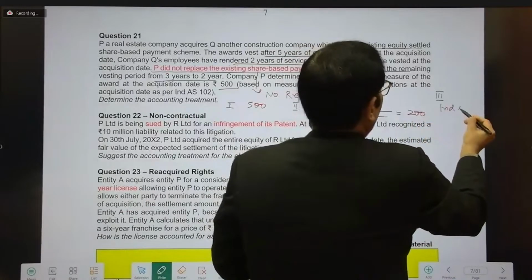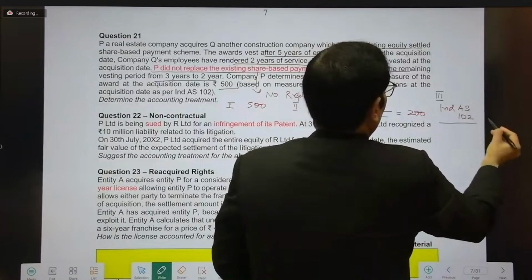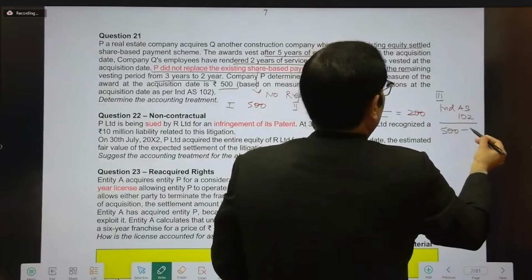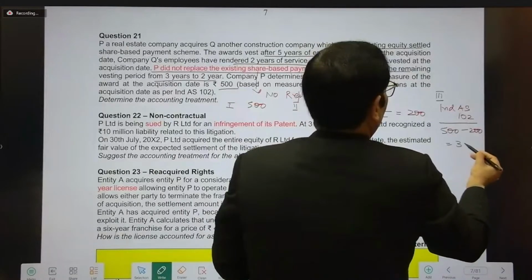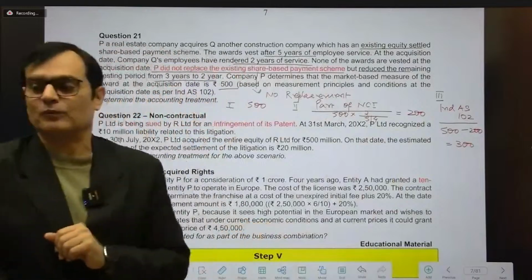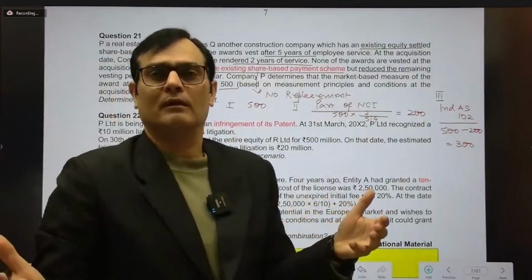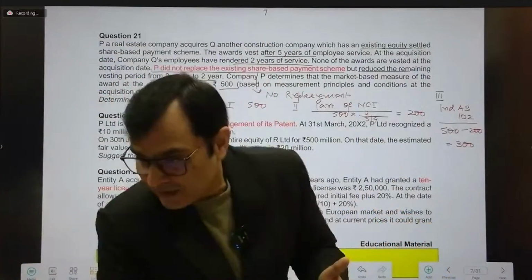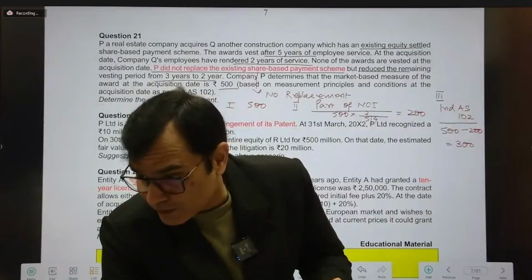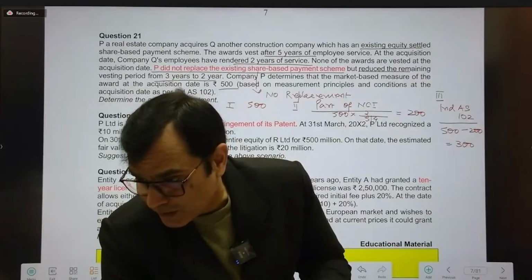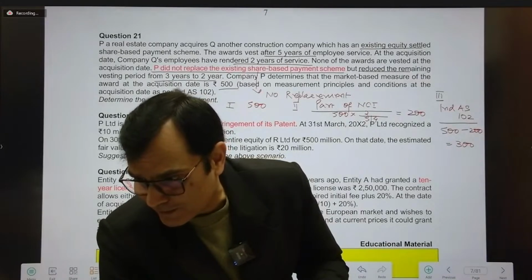Then step number 3, what is a part of Ind AS 102? 500 minus 200 in step number 2, 300 becomes a part of Ind AS 102 accounting. Simple and straightforward indeed. I'm sure I would have already got your answers as well. Yes, we got the correct answer. Wonderful indeed.